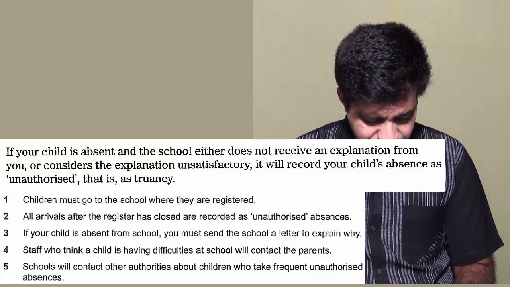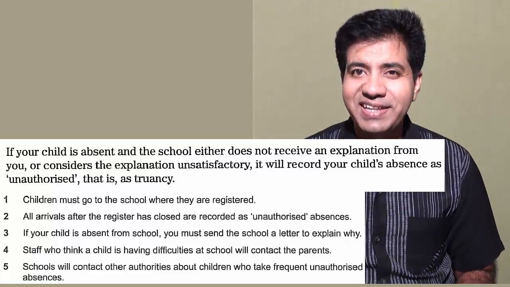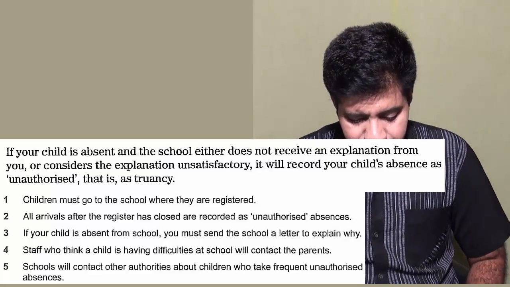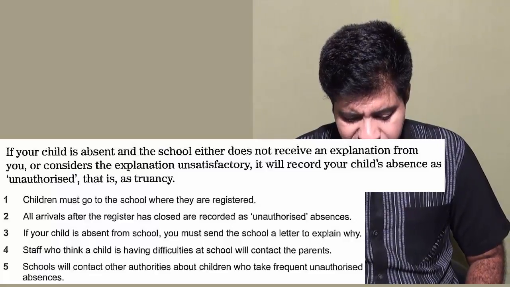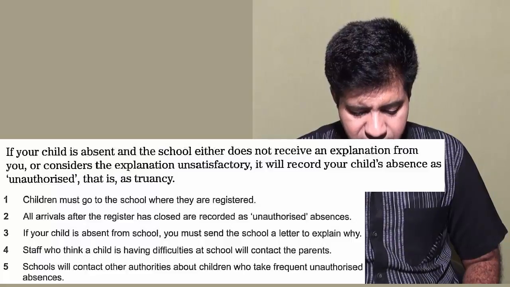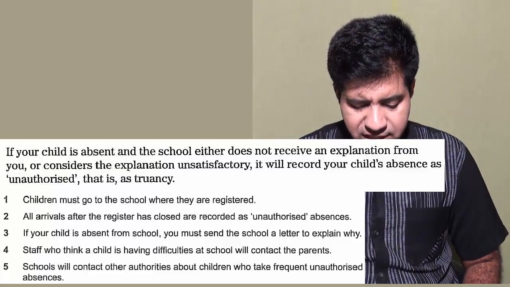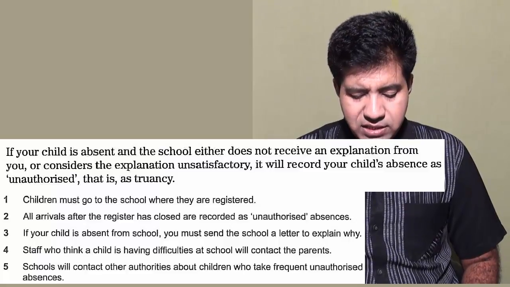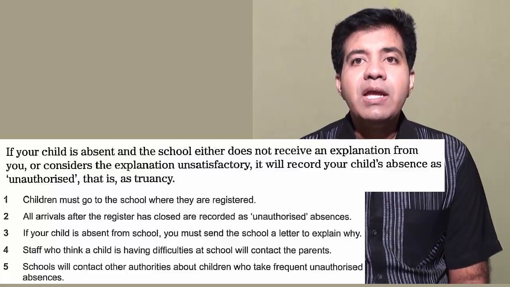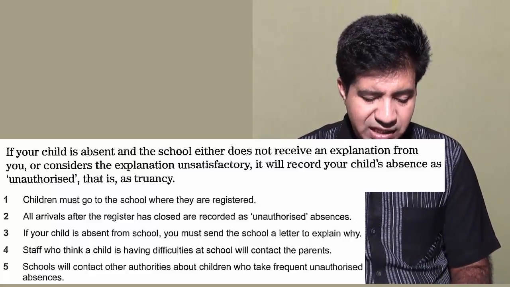Okay, we'll find the word absence. Yeah, it's written authorized and unauthorized absence. Yeah, that's quite easy, huh? Let's read. If your child is absent and the school either does not receive an explanation from you or considers the explanation unsatisfactory, it will record your child's absence as unauthorized, that is as truancy. Now see, they have not mentioned anywhere that the register has been closed.